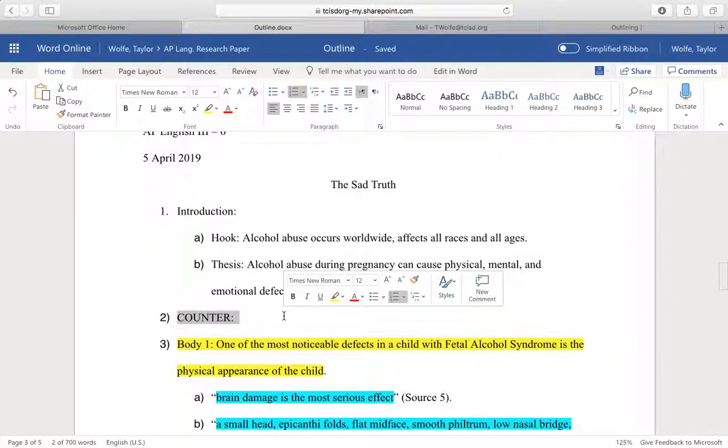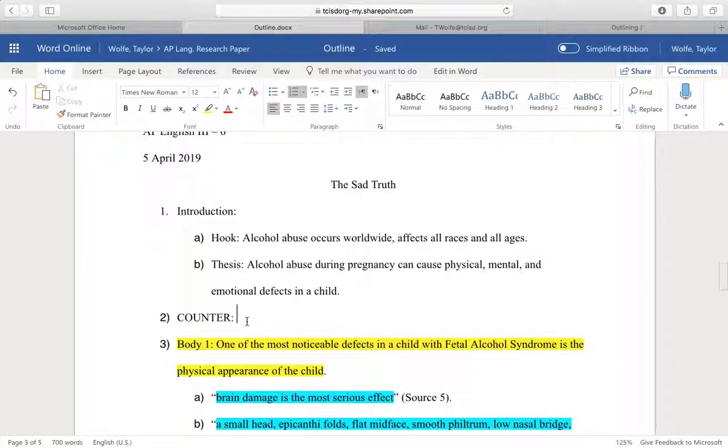Right after the introduction, a paragraph on its own, and I'm going to say, although some physicians say that drinking the occasional glass of wine during pregnancy is not harmful for the fetus, I would like to swiftly say that this is not true because no research has been done. There is no proven safe level of alcohol that a person can consume during pregnancy.